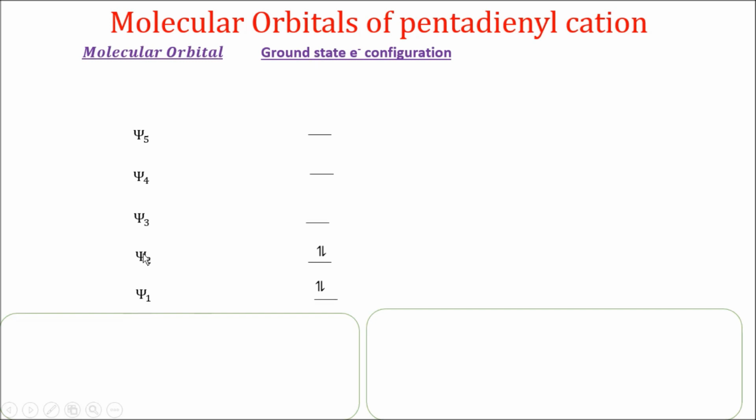Psi2 is the highest energy orbital with electrons, therefore this is called HOMO. The three orbitals psi3, psi4, psi5 do not have any electrons. Among these three, psi3 has the lowest energy, that's why it is called LUMO.